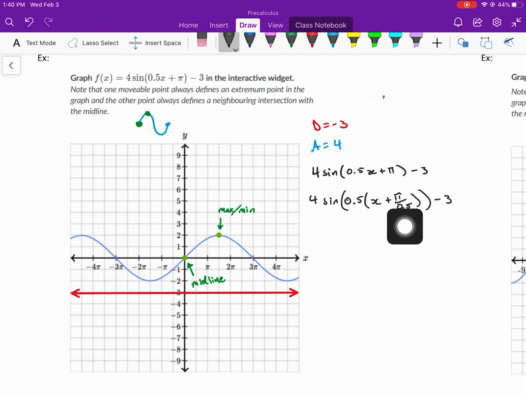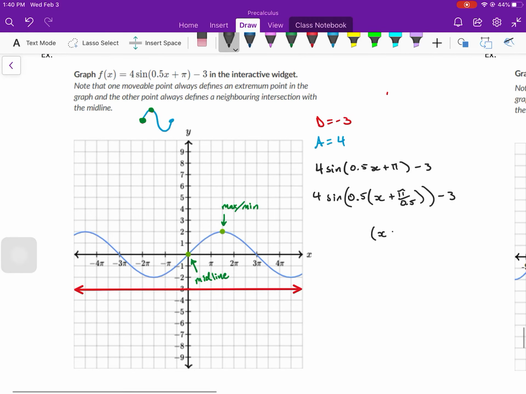And then pi, how many times is 0.5 going to 1? It's just going to be dividing by a half, flip and multiply. It's going to be 2. So that's going to be x plus 2 pi. So this is going to shift to the left 2 pi.